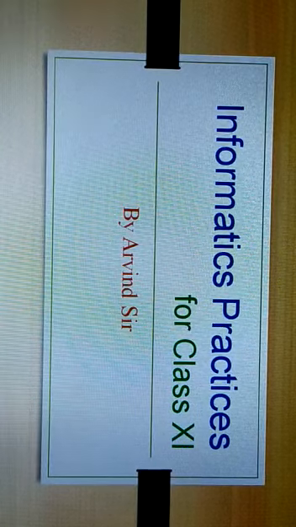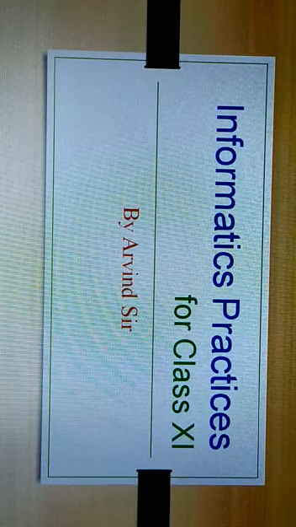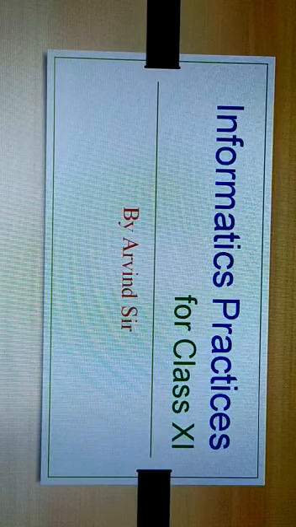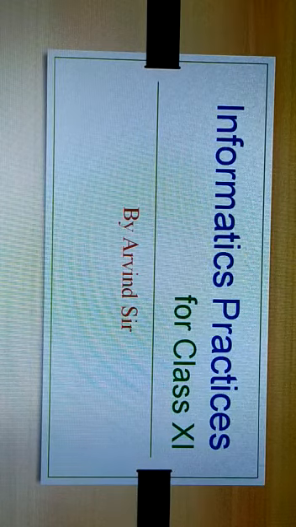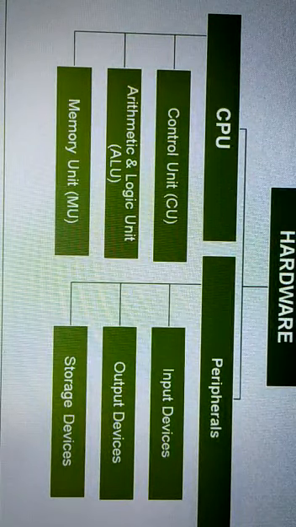In the previous session, you learned about the hardware and basic anatomy of a computer system. So once again, a review about hardware.